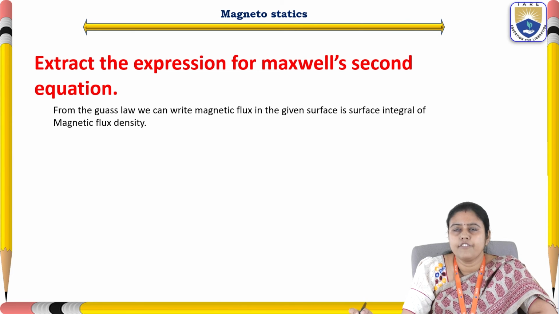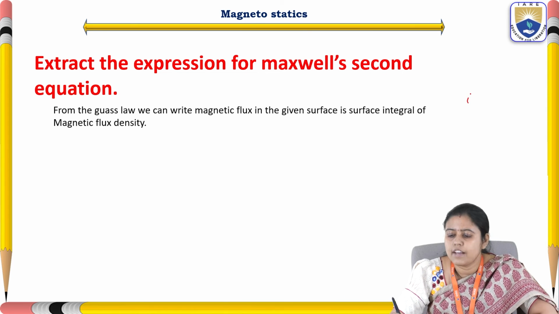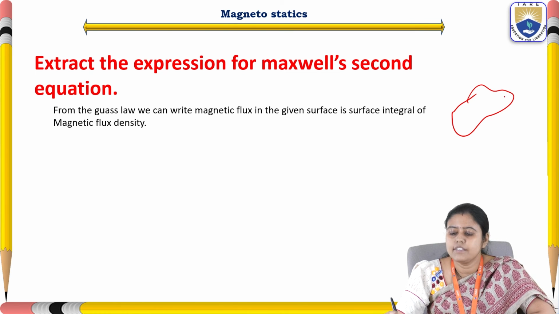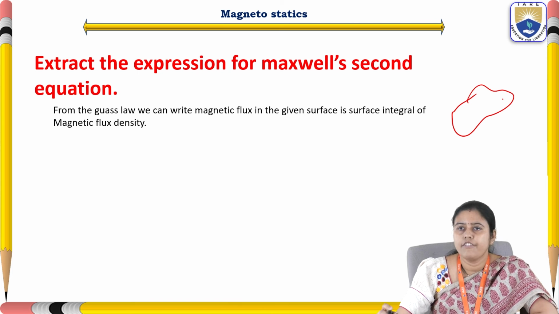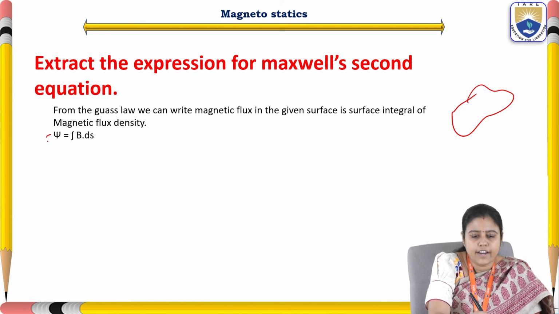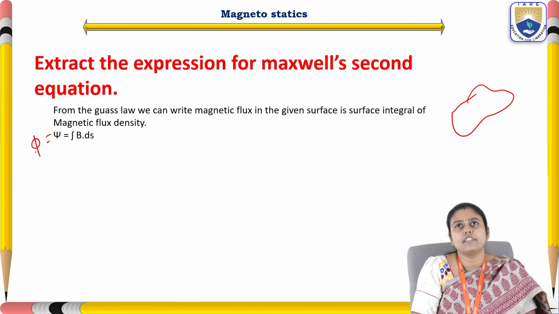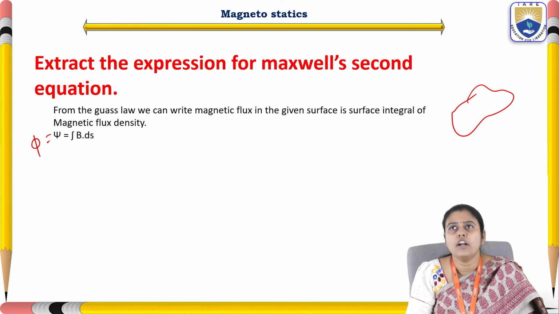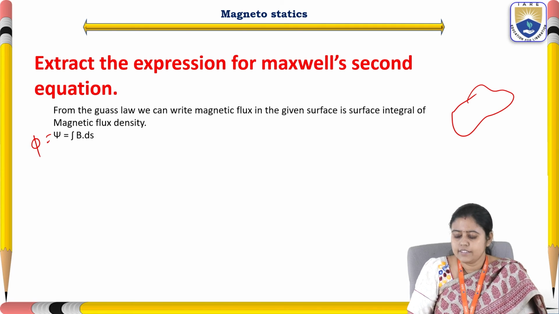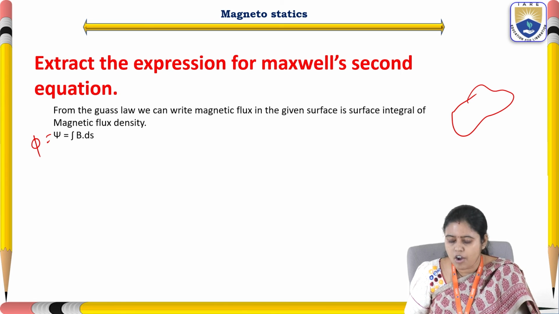Similar to the electric Gauss law for the electric field, we can write psi, or also phi, is equal to the integration of B dot ds. What is B? B is the flux density, and ds is the cross-sectional area of this path.